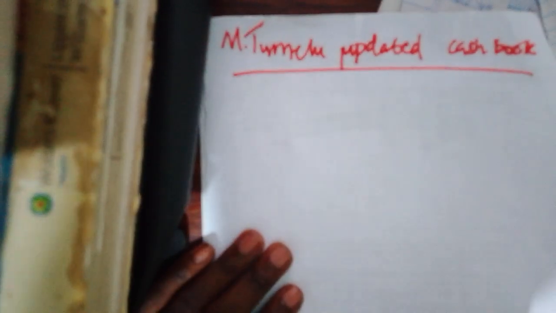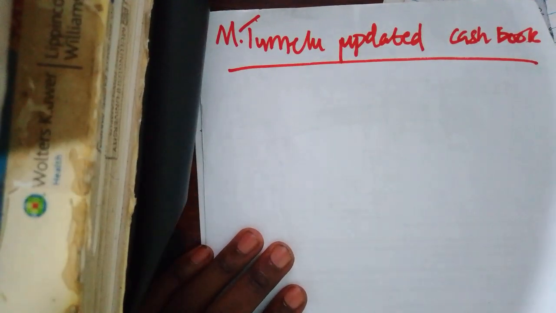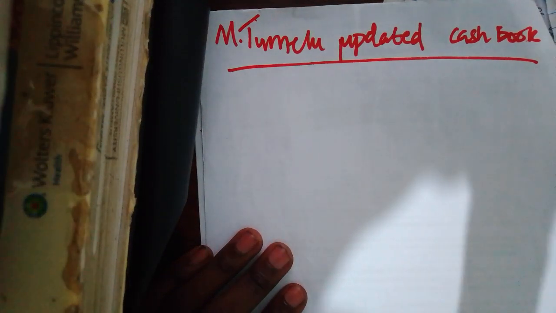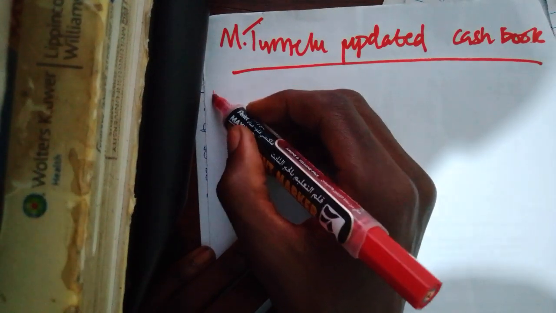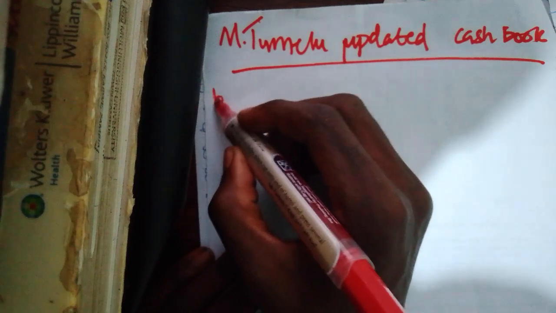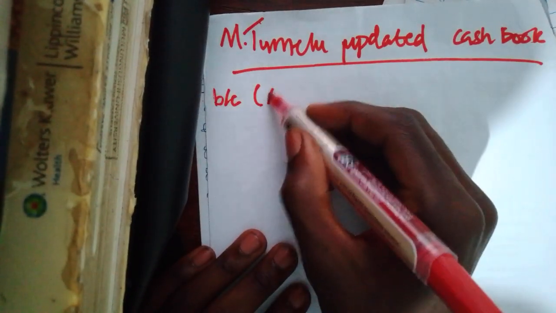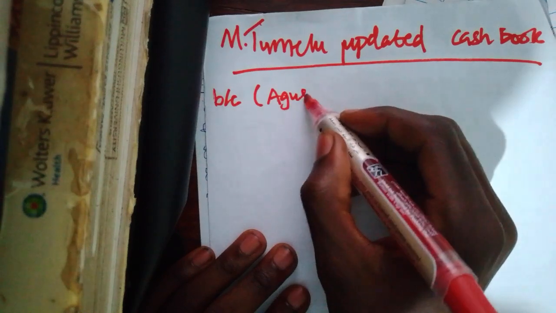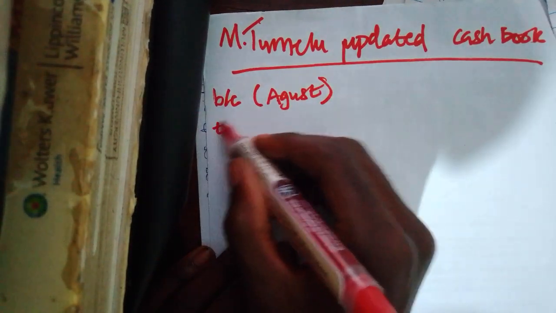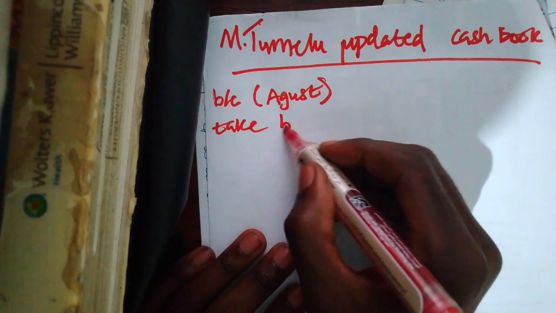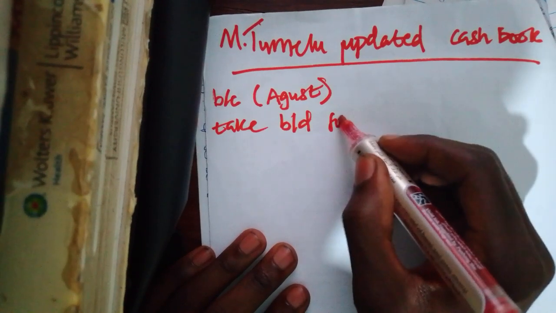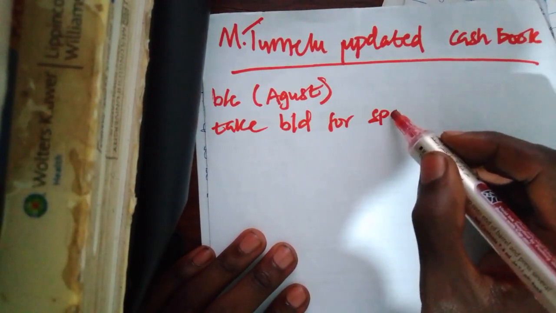So our first thing we are going to look at, we are going to take the what? Balance breakdown. So here you have to take note that if the balance carried down is for August, you have to take the balance breakdown for September.